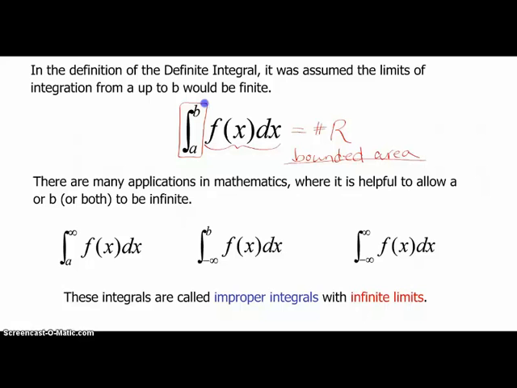So there are applications in mathematics where it's helpful to allow one of your limits of integration, a or b, or sometimes even both, to be infinite. Here we have an upper limit where we're accumulating the area in the plane trapped between our function f of x and its horizontal axis, starting at a, but going all the way as n tends toward positive infinity, on the right end of the x-axis.